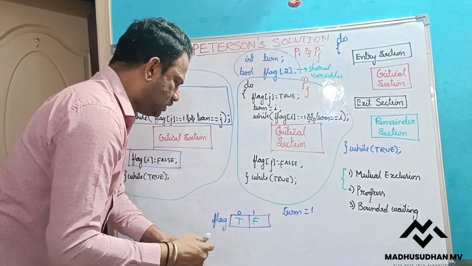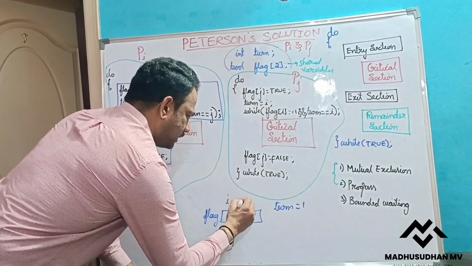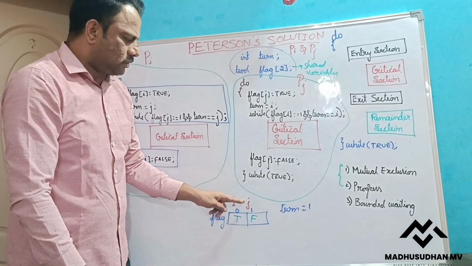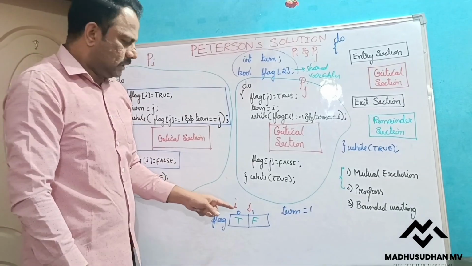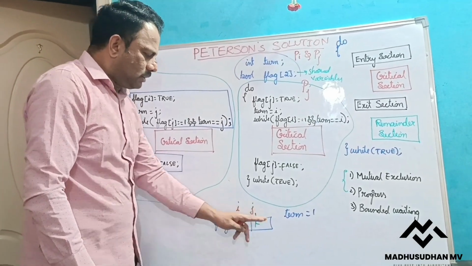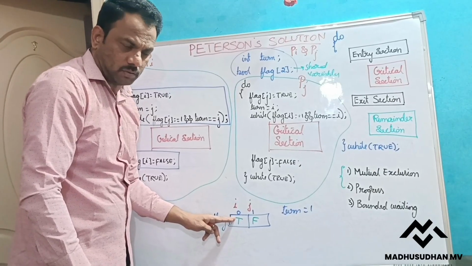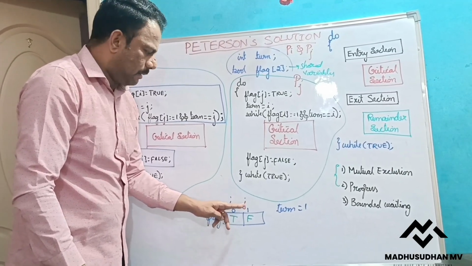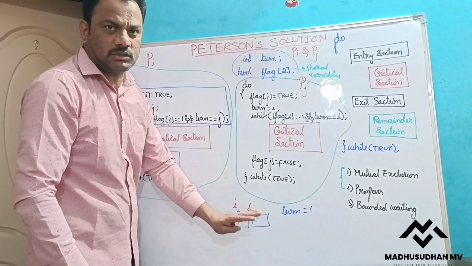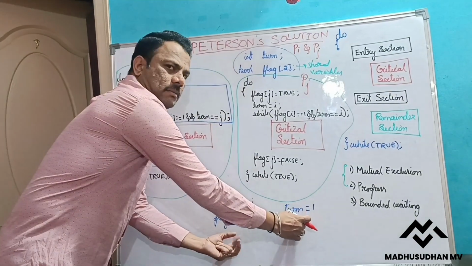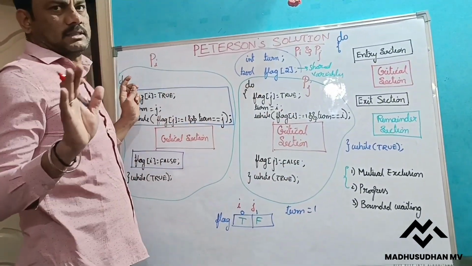That means index 0 is for process I, and index 1 is for process J. Now the meaning is that process I is ready to enter, true, and process J is not ready. This is the initial value, and these are shared variables. These variables are shared by both processes.